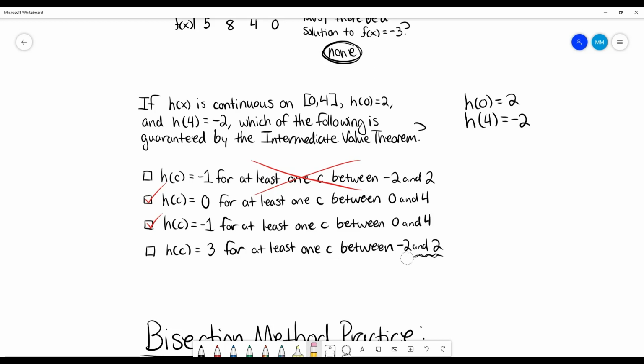But we can also see that this one's wrong, even if we didn't get to that part, because 3 actually isn't guaranteed in this case, because from -2 to 2, you're not going to cross 3 anywhere on the way from -2 to 2, because 3 is going to be after 2. So that 3 is not guaranteed, and this answer is wrong. So our answer would just be these two right here that we checked.